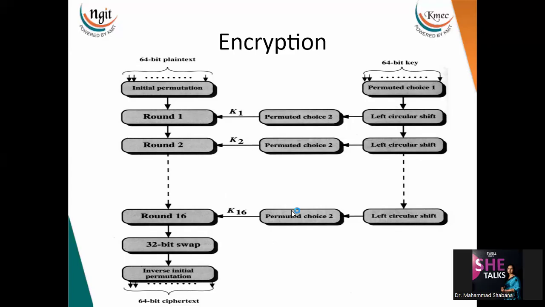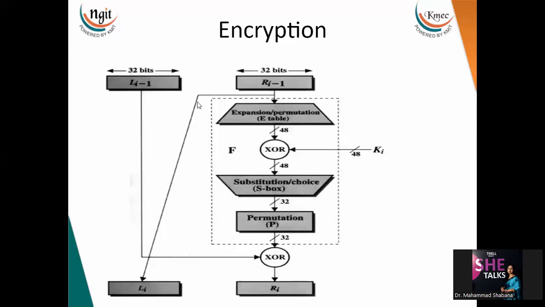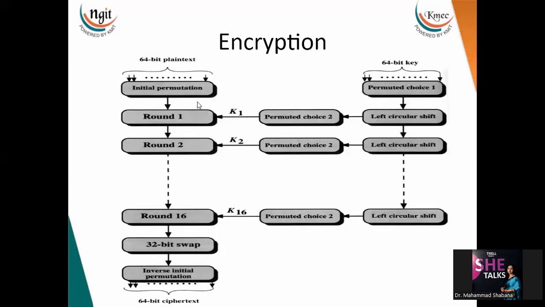This diagram illustrates the Data Encryption Standard encryption process, which transforms a 64-bit block into a 64-bit ciphertext block using a 64-bit key. So this is the step-by-step process of encryption.